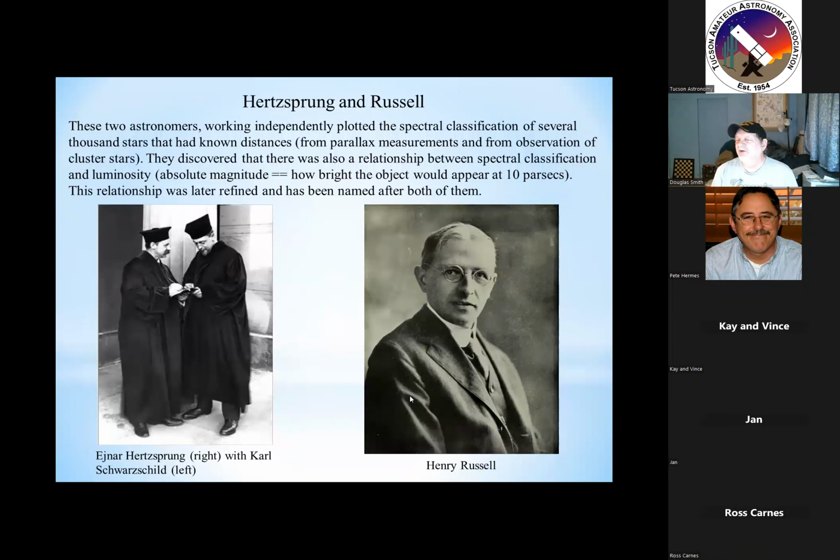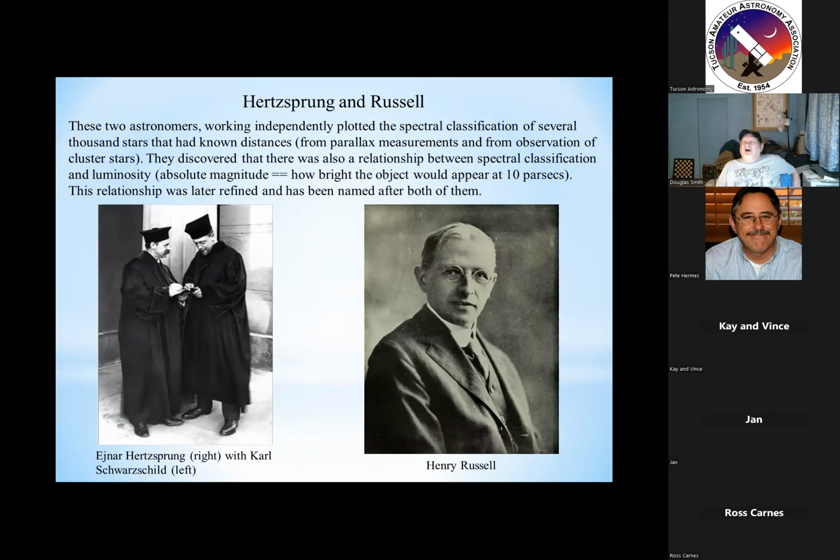Then these two gentlemen came along. These two astronomers are, I cannot pronounce his first name, Ejnar Hertzsprung, that's the try I'll use, and Henry Russell.